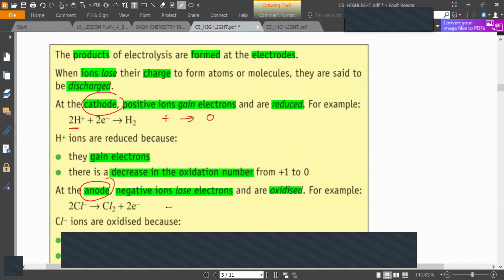When we have a negative ion, it will be oxidized back to the zero oxidation state. Anode is always oxidation, cathode is always reduction.